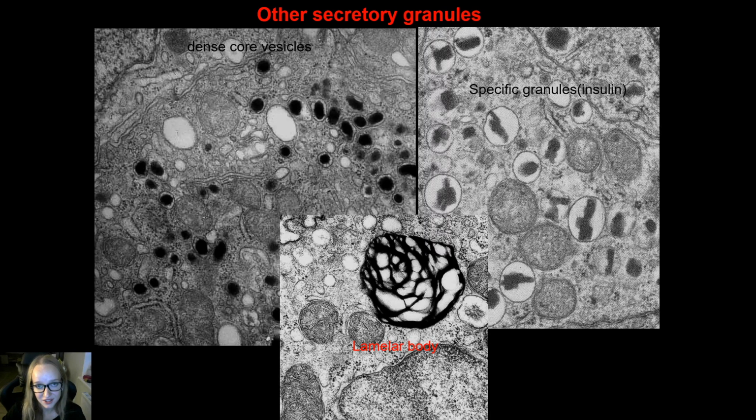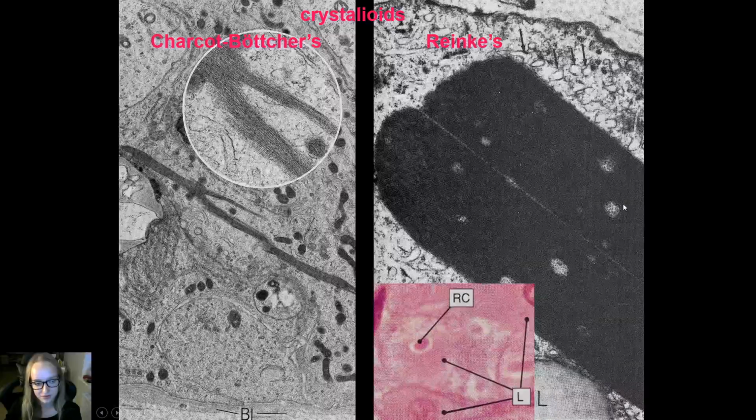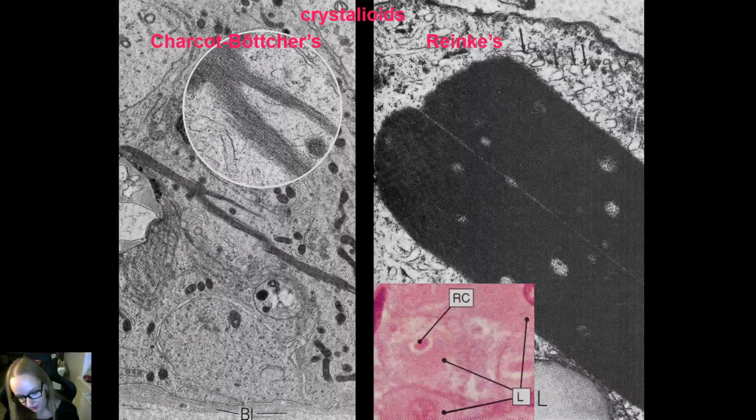There are some other secretory granules, for example dense core vesicles, like here. They're very special because they have a dense core on the inside, or this lamellar body right here. These are very special types of secretory granules, or specific granules, like granules that contain insulin. They look very strange. Also, proteins can be stored without membrane, for example crystalloids.